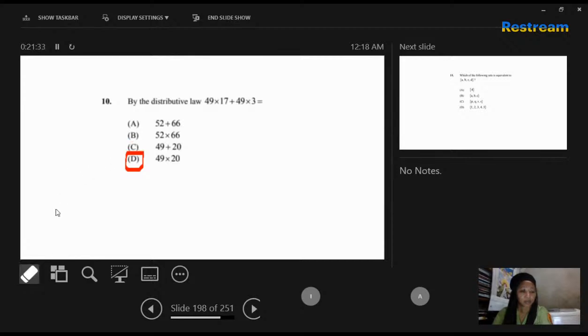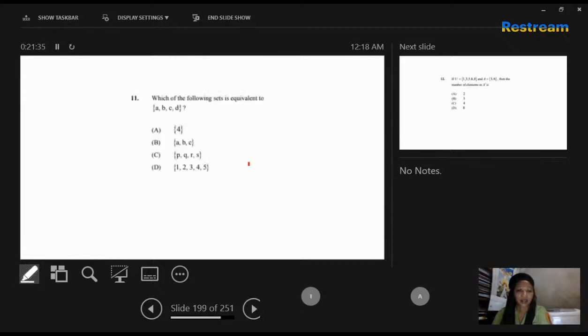All right, Asa, number 11. Which of the following sets is equivalent to A, B, C, D? The answer would be C, P, Q, R, S. What do we mean by equivalent sets? Equivalent means it's the same as.